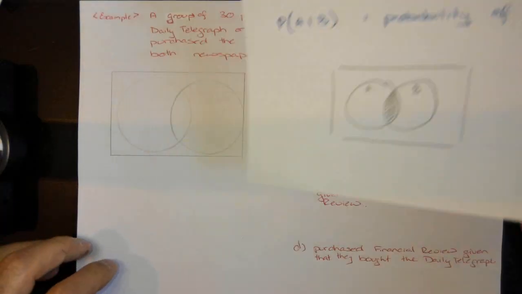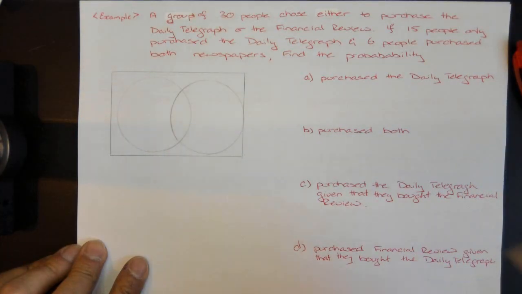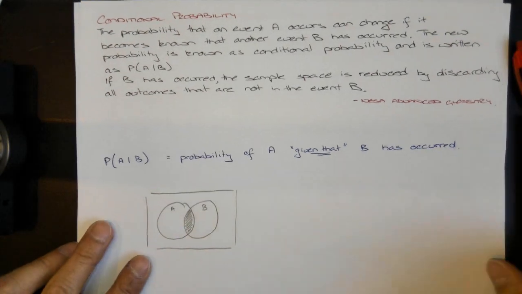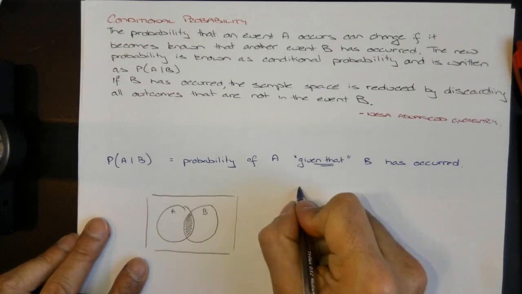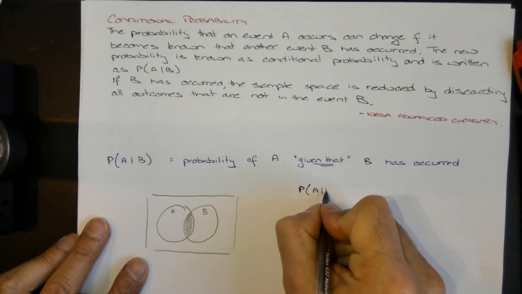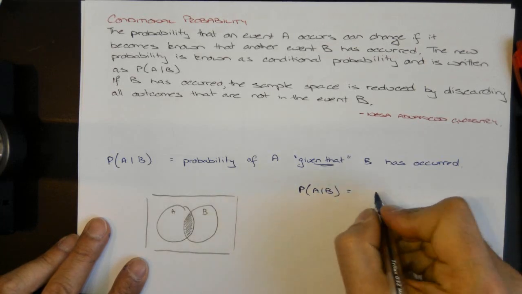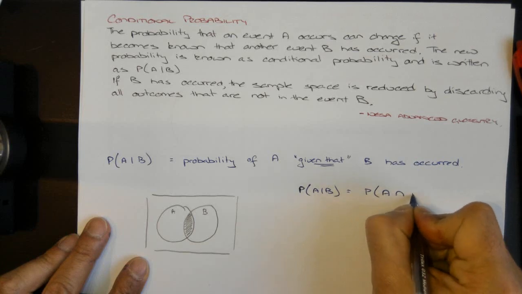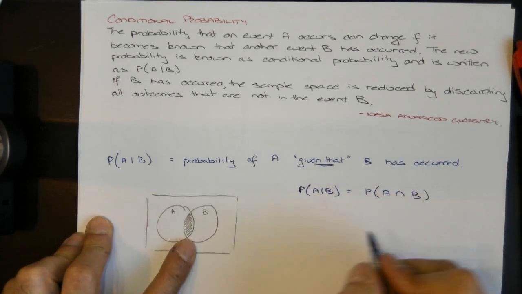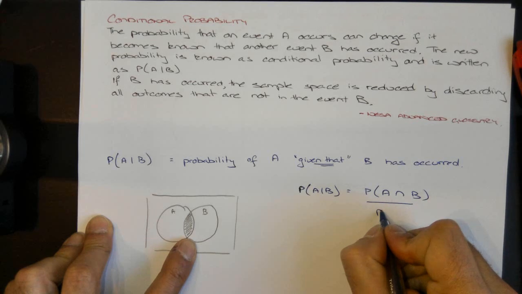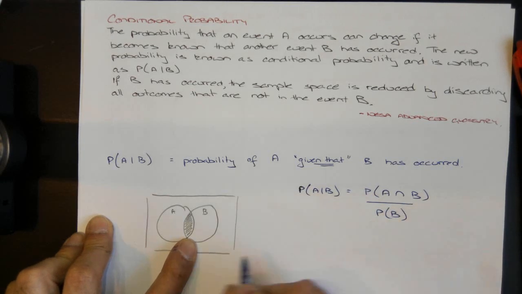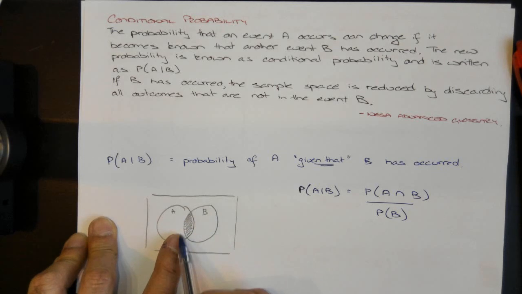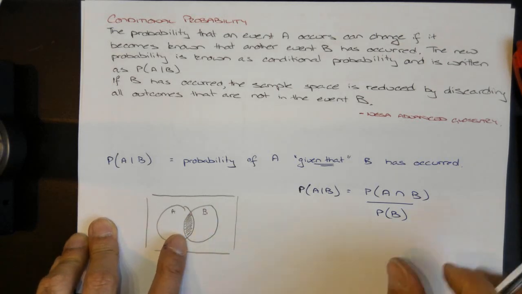So let's look at some examples. The formula for the probability of A given B is basically the probability of A and B, or the intersection of A and B, over the probability of B. So this amount over what has happened first.